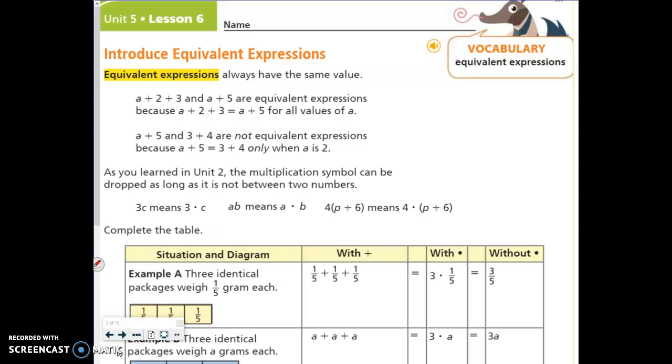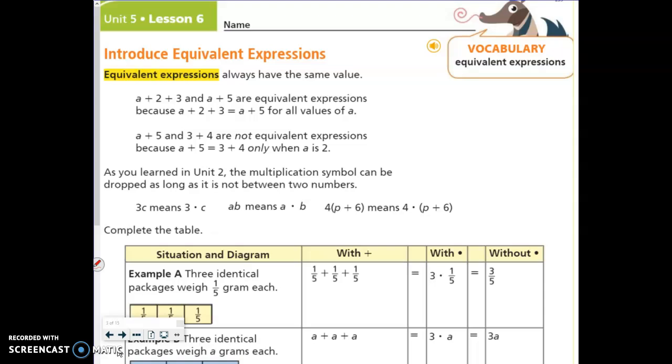And again, just like with other aspects or formats of math, there are different ways to write the same thing. We can take that all the way back to numbers and operations, where we write out the number 14 in word form, in expanded form, and in standard form. So we have different ways to represent the same value.